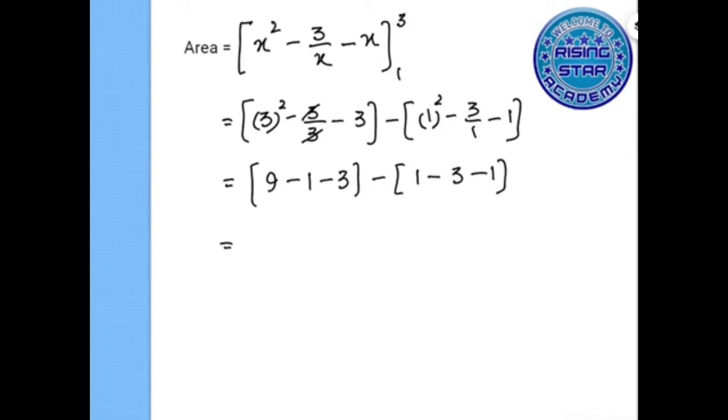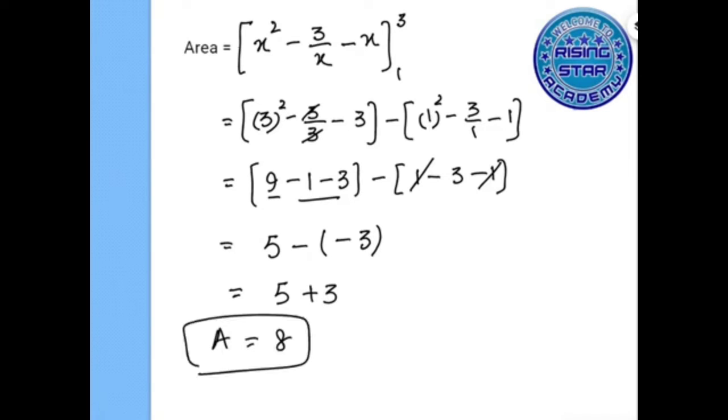So simplified, this is going to cancel out. So we have 9 minus 4, that would become 5, and minus into minus 3, that would become 5 plus 3, and the area is 8. That is our required answer.